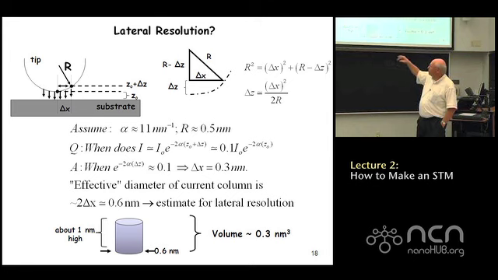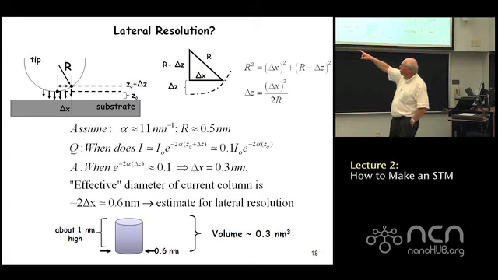And so you can do some simple geometry and you can try to ask the question, what is the width delta x such that the current from the second atom contributes 10% of the total tunnel current? I sketch out the arithmetic.